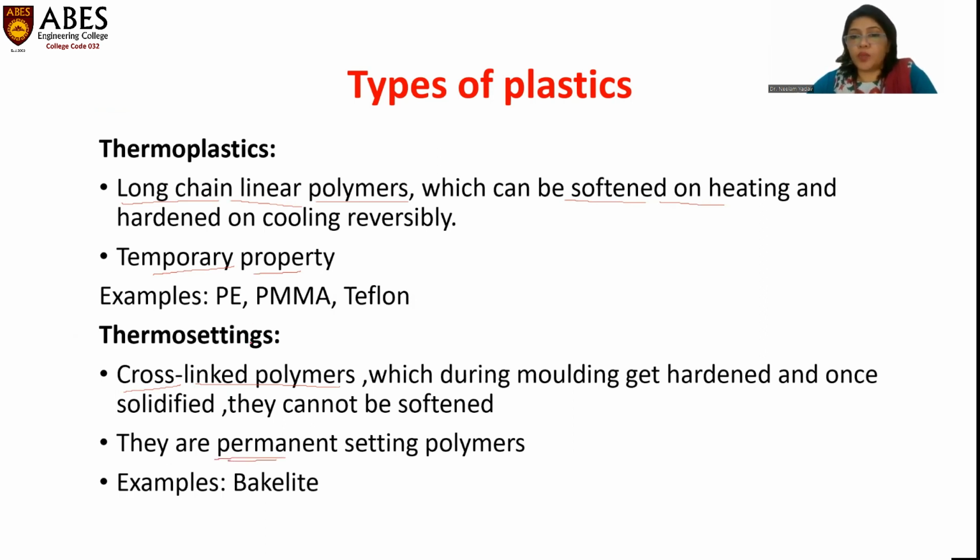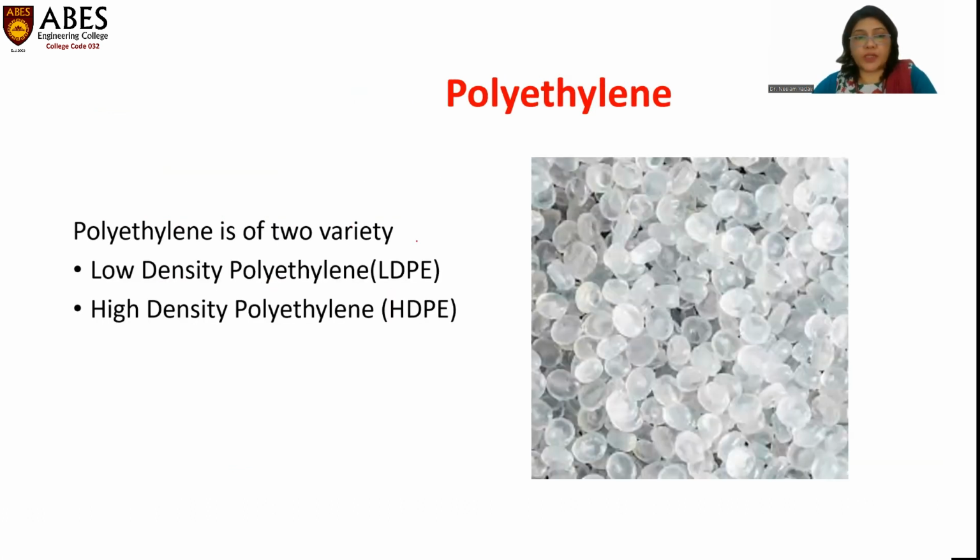Once they are molded and cooled, they are hardened, but then they cannot be remolded, that is, they cannot be reused. Now, starting with the thermoplastics, we will take some examples: PE, PMMA, and Teflon. These thermoplastics are also known by different names, which I will discuss in coming slides.